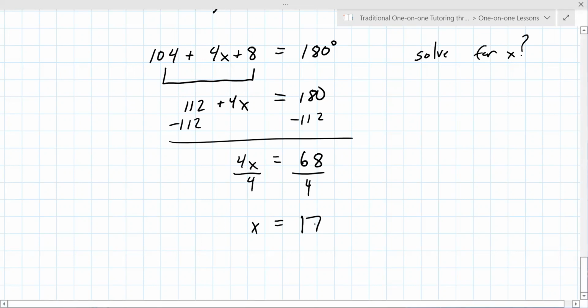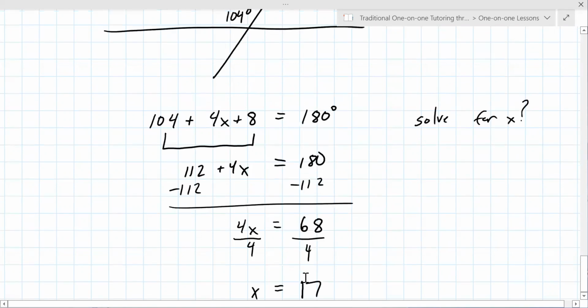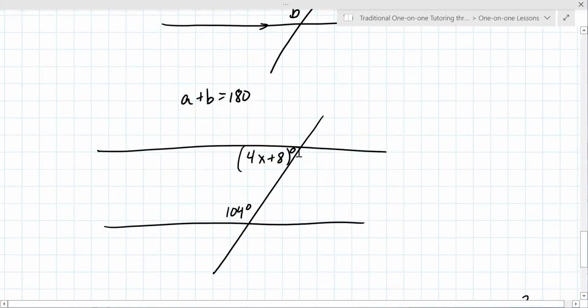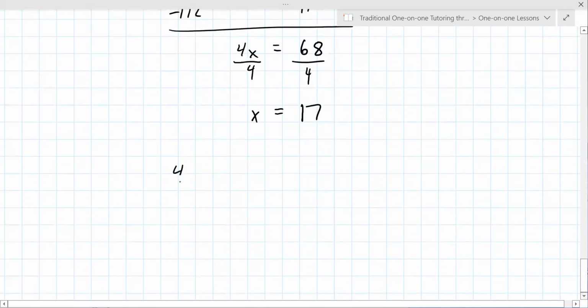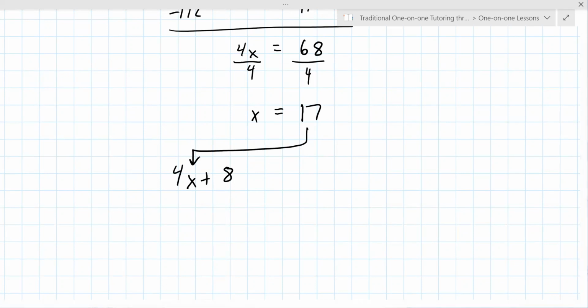Now, you always take your value for x, 17, and you plug it back into the original 4x plus 8. So I want you to substitute in the 17 in here, please. Okay.